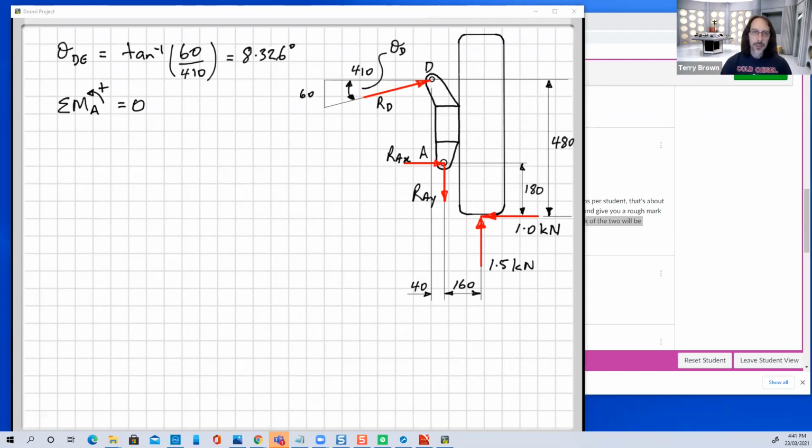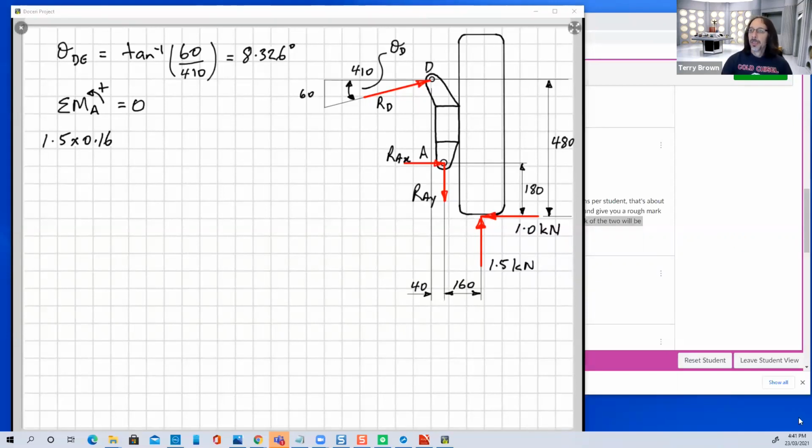Assuming you do all of your algebra correctly, it won't cause you to have a wrong solution. If you did moments about D, then we would have 2 unknowns here, and we just have to do a bit more algebra to find the unknowns. All right, so we can work our way through that.